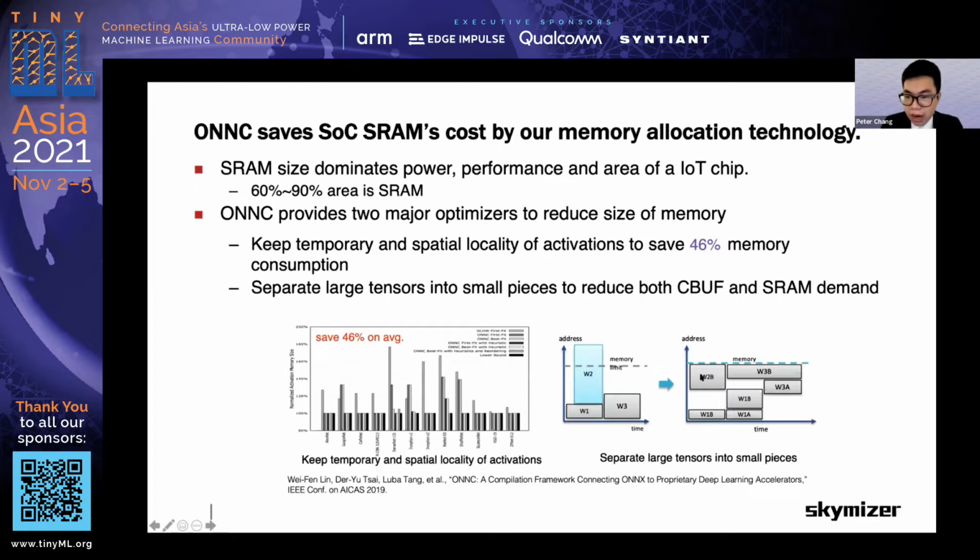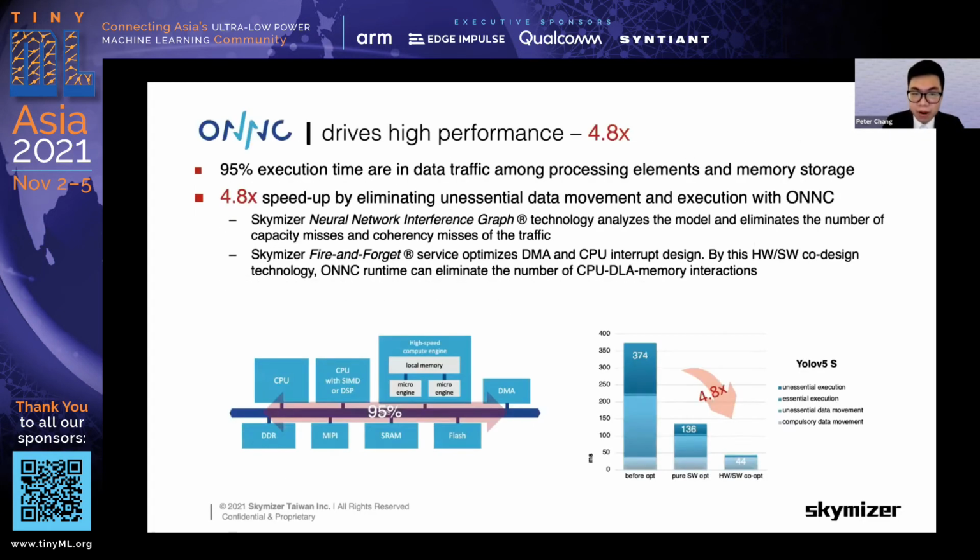So we could highly reduce memory consumption at the same time. While some may argue that when you split the memory usage, it may take much time, actually not, because as I mentioned in these slides, most of the time is spent on data movement.